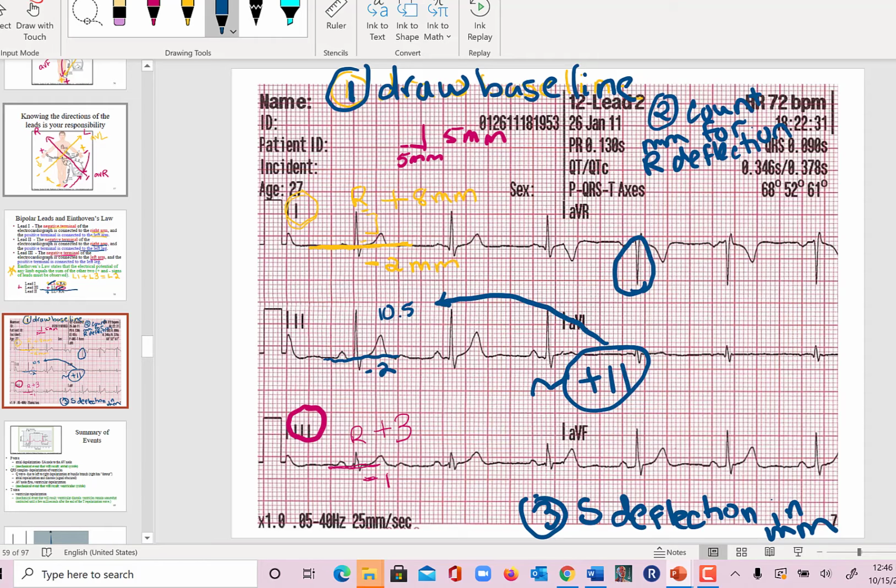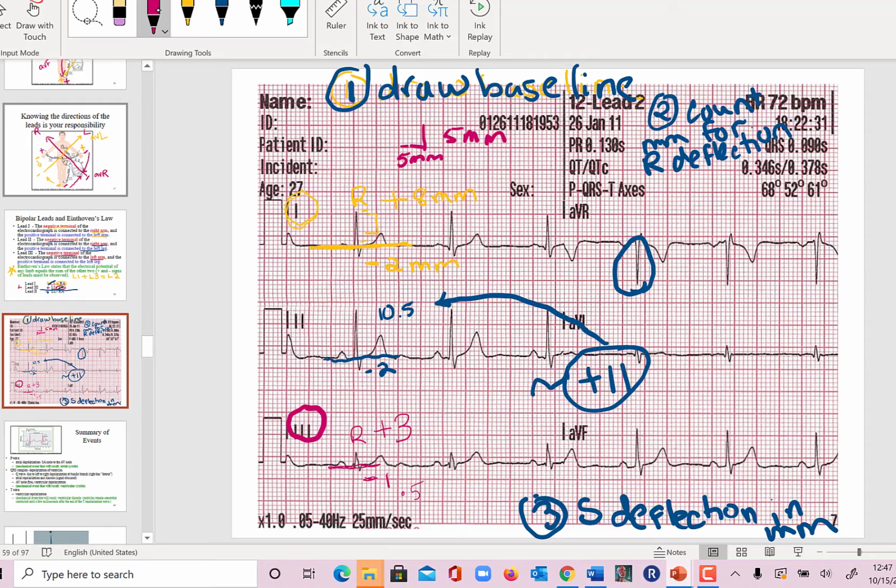Now, what about our downward deflection for lead 1 is -2. For lead 3, it's maybe a -1. That's pushing it based on my baseline read. It's maybe a 0.5.